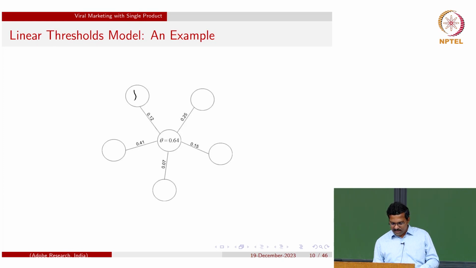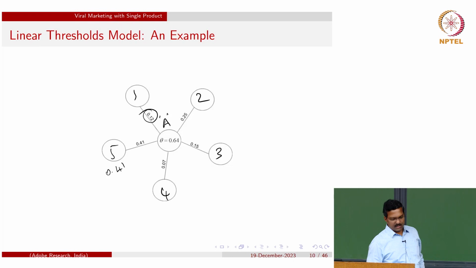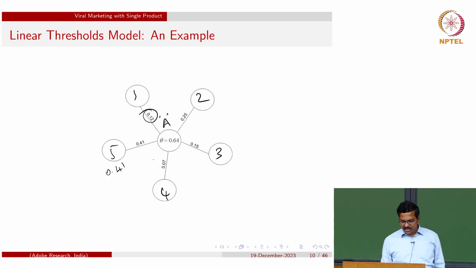I'll label the neighbors 1, 2, 3, 4, 5. This is person A, the focus here. Person A is influenced by his fifth friend with probability 0.41, and by his first friend with probability 0.12. So his fifth friend is most influential for this individual A.